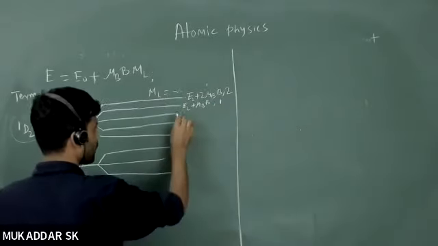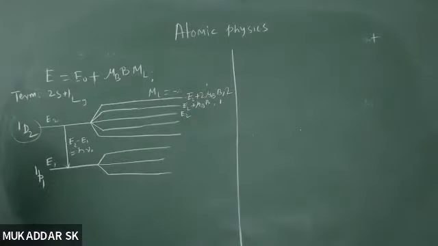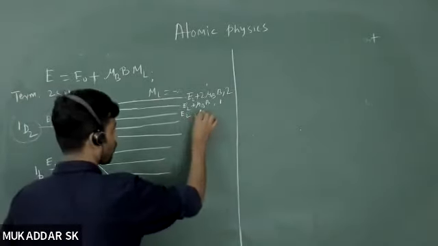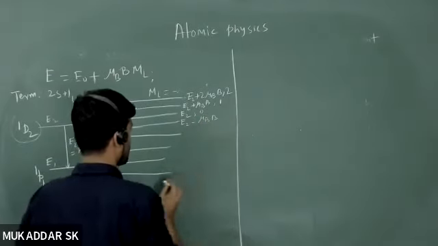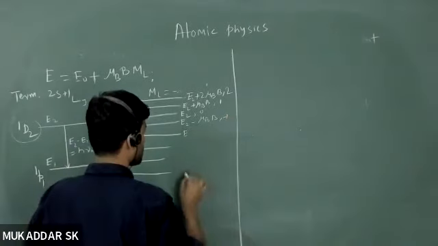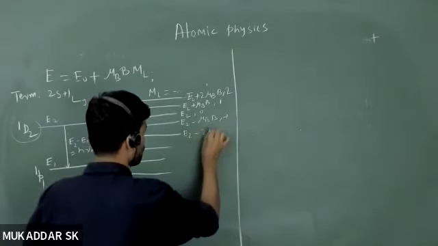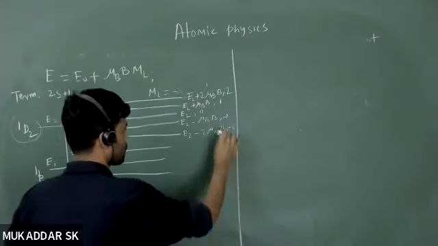For this case it will simply be E2, right? Here it will be E2 minus mu B B, ml is minus 1. And here E2 minus 2 mu B B, ml is minus 2.